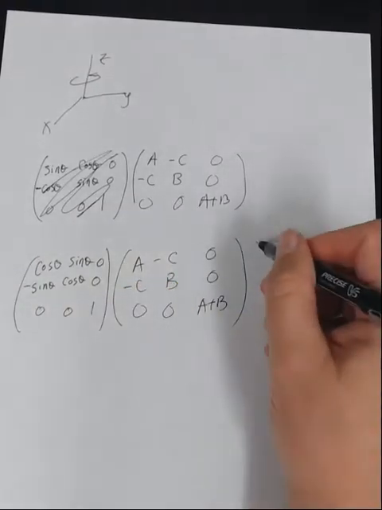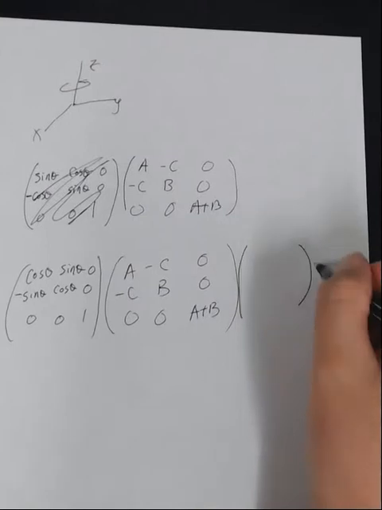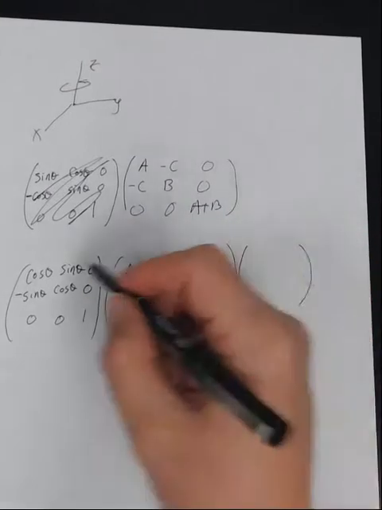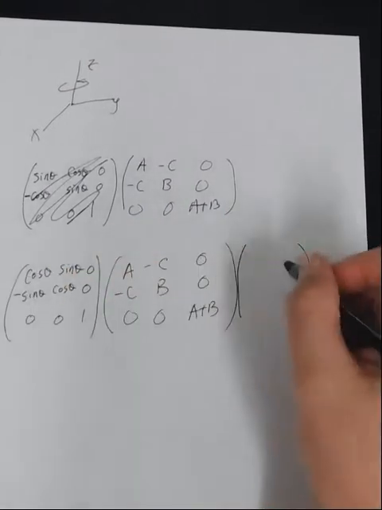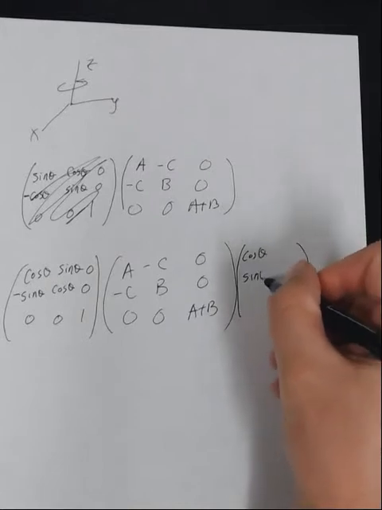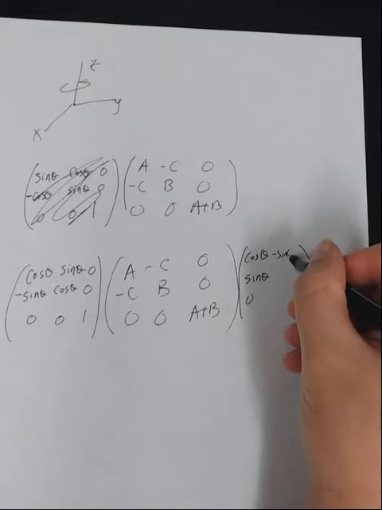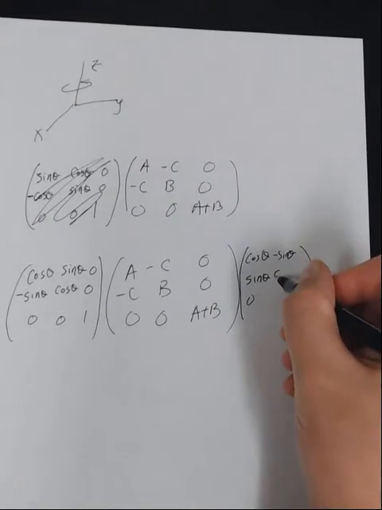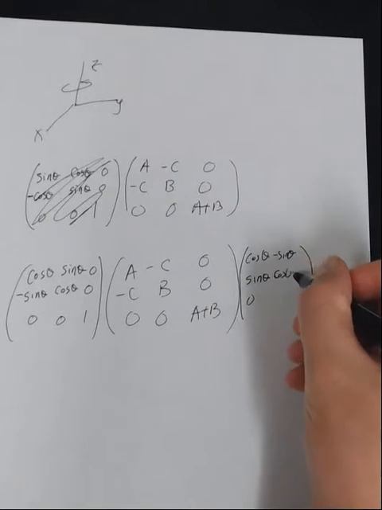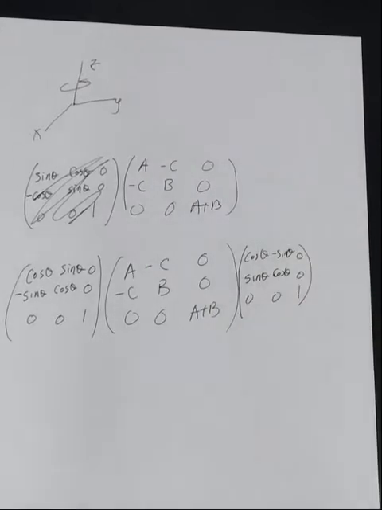So then over on this side, I didn't make this big enough, but this row is going to be this first column: cosine theta, sine theta, 0, negative sine theta, cosine theta, 0, and then 0, 0, 1.